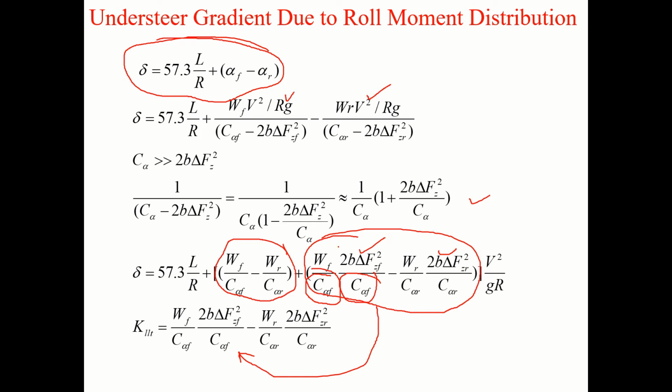If this is less, then what will happen? This will become more, and this will become less. So better keep the rear tire with higher lateral stiffness coefficient compared to the front tire. Is that okay? So that we can always increase this value. Tire matters, load matters.